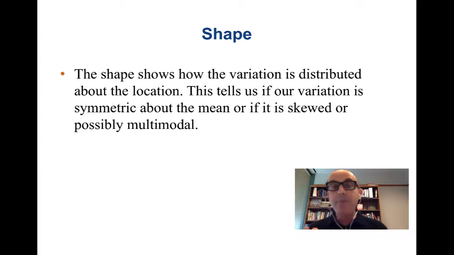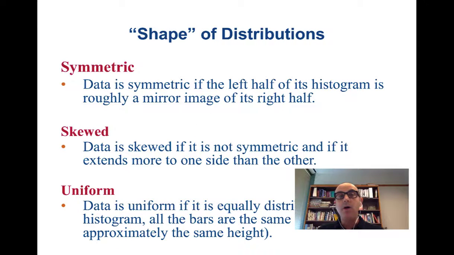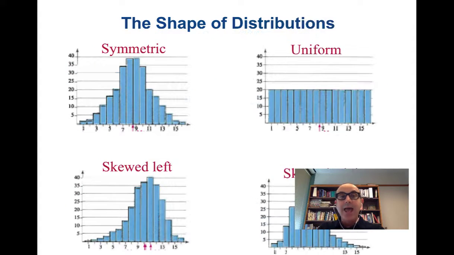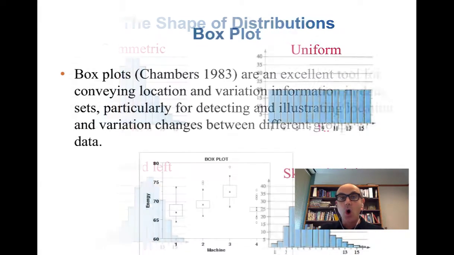So the shape, again, tells us if our variation is systematic about the mean or fits multiple peaks, and we have different shapes of distribution, each of which represents a better way to capture that. This is what we would probably see: the systematic, the skew to the right, to the left, and so on.